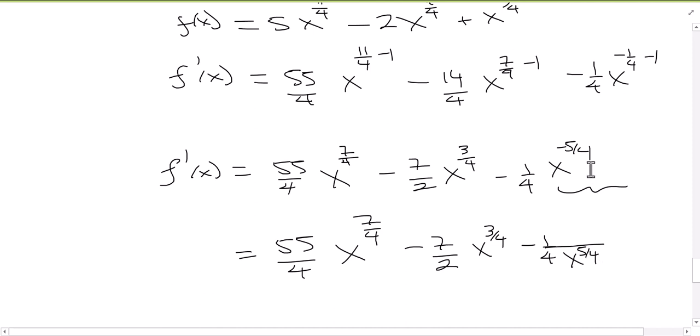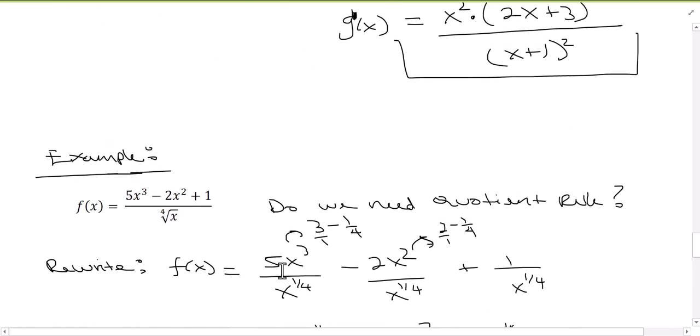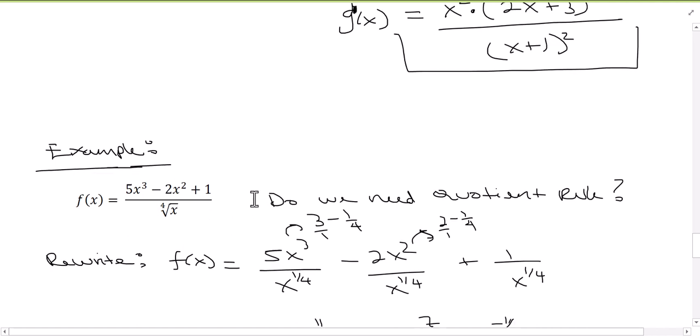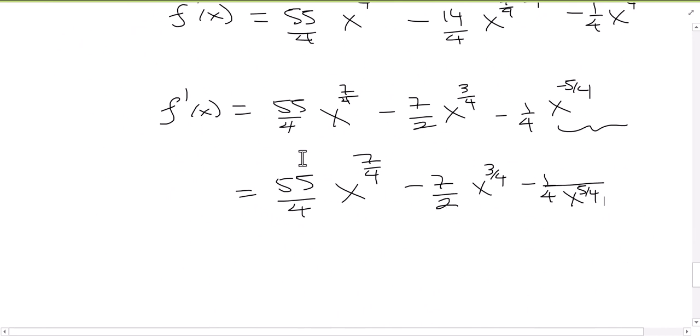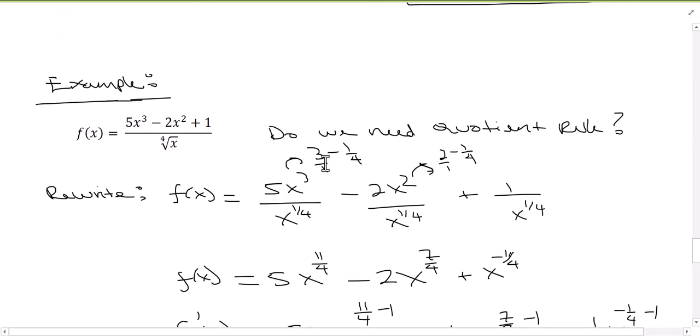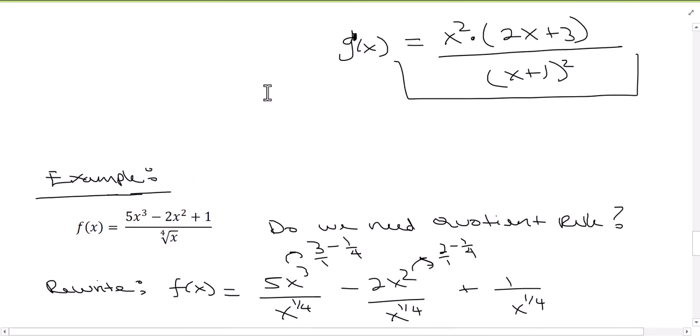So there are some problems here I wanted to recap. It kind of looks like a quotient rule problem, but you don't really have to use it. You'll get the same answer. It might look a little different, but if you evaluated this at, for example, x equals 1, you should get the same answer as if you use the quotient rule to find it.